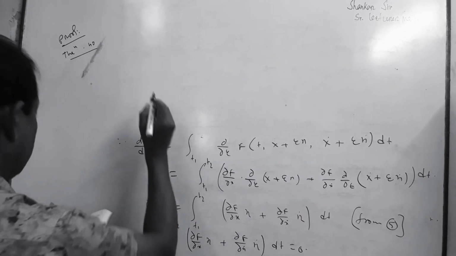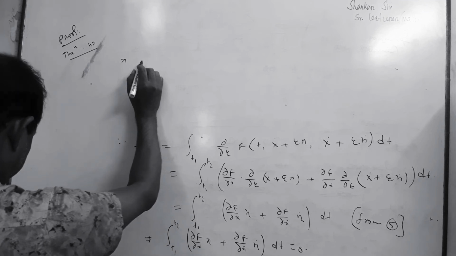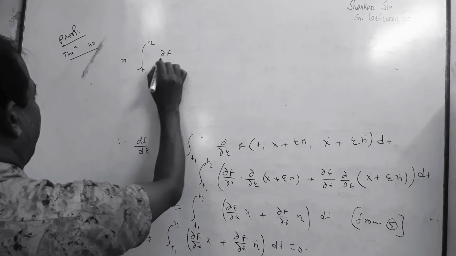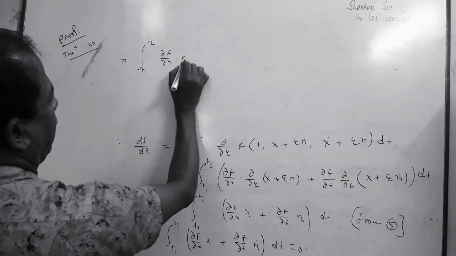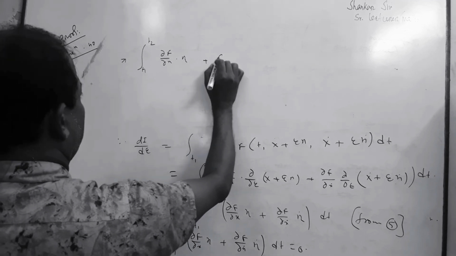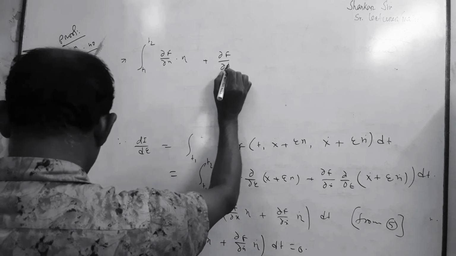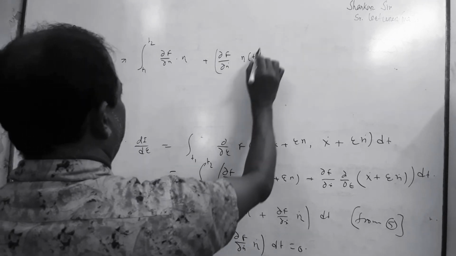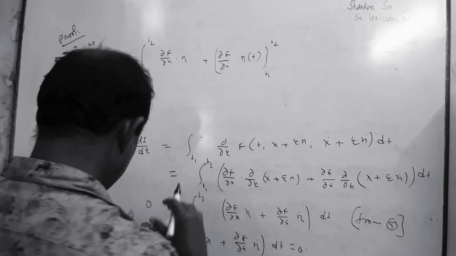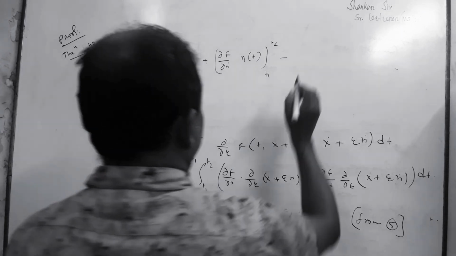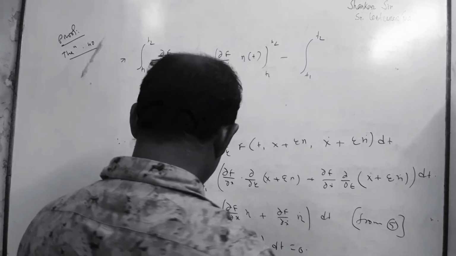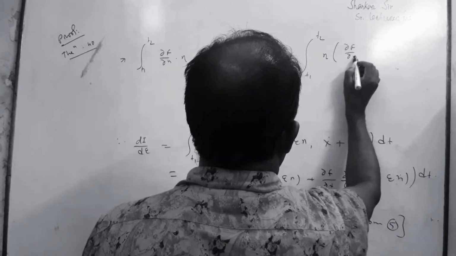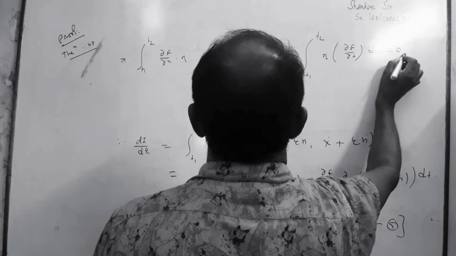Again that implies, integrating by parts, the integral from t1 to t2 of del f by del x into eta plus del f by del x dot into eta of t, minus the integral from t1 to t2 of eta d by dt of del f by del x dot dt equals 0.